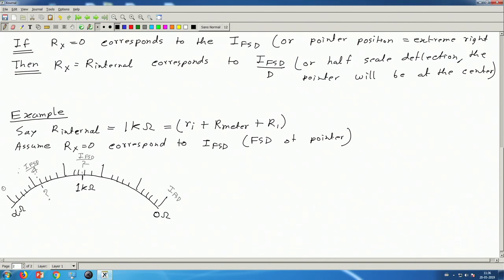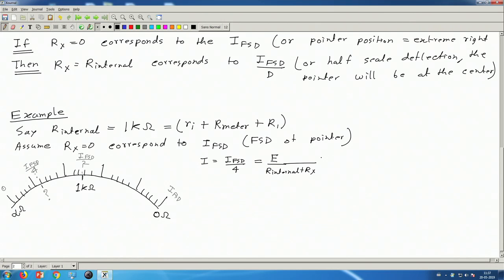Okay. So, if the pointer is here, then the current that is flowing is equal to IFSD by 4. And this current is nothing but E divided by R internal plus Rx, equal to IFSD by 4. Now, for what value of Rx is this true?